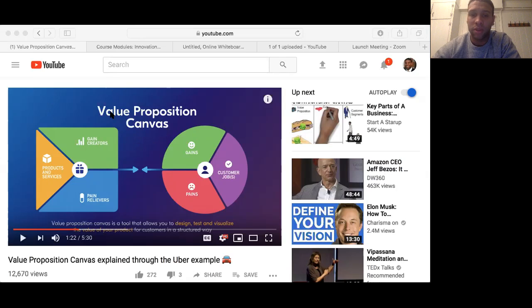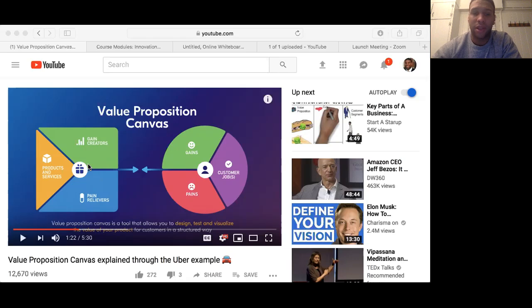But really, the value proposition canvas is broken down into two pieces. You have the customer profile here, and this is really talking about the job that a customer wants done and the current pains that they're having with getting that job done. And the gains are what it looks like when that job is done effectively.